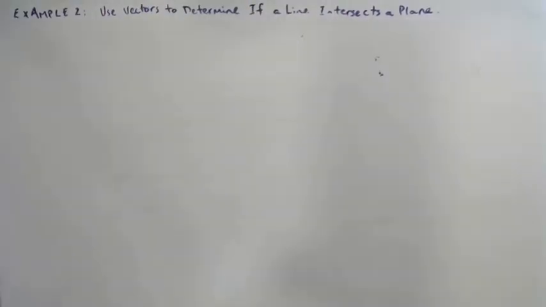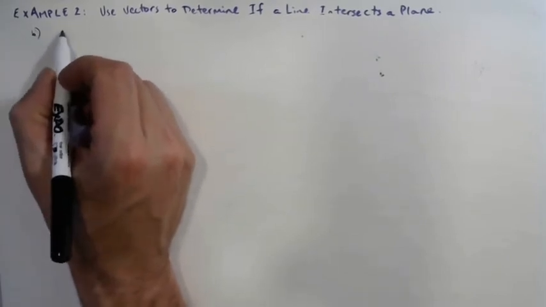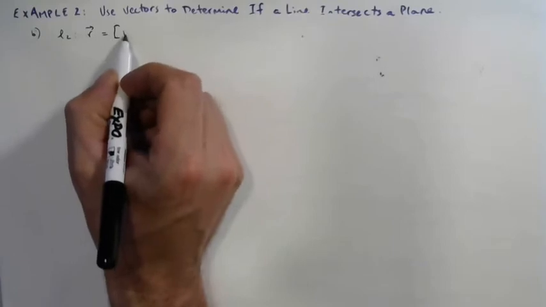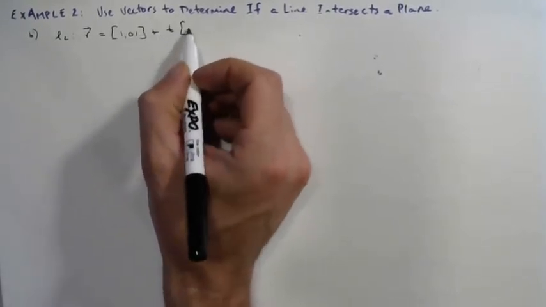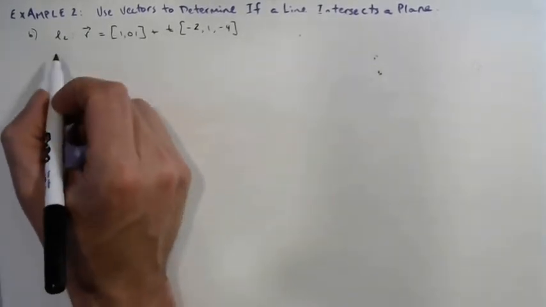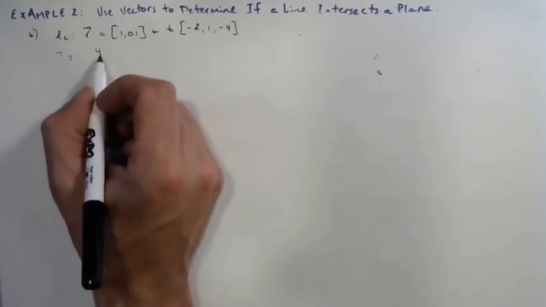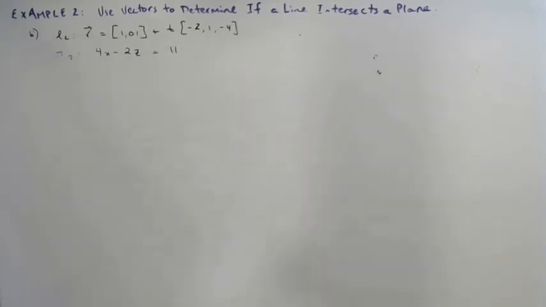In B, we have the line 2 is the vector r, which equals (1, 0, 1) plus some scalar multiple of (-2, 1, -4). And we have plane 2, which is 4x minus 2z equals 11.